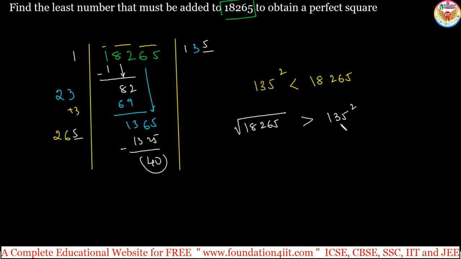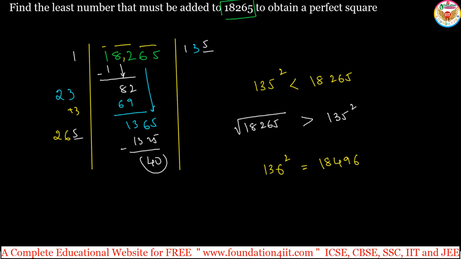So we have to go for 136. So to get the required number by adding, we should be getting 136 square. So 136 square means 136 into 136, which is 18,496. This is 18,265. Yeah, 136 square is this.